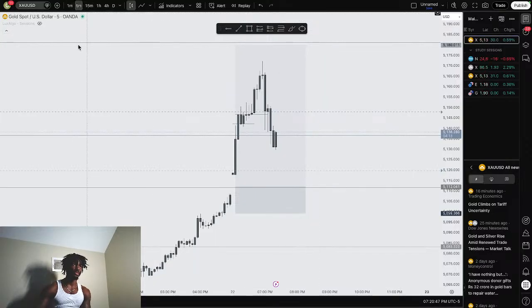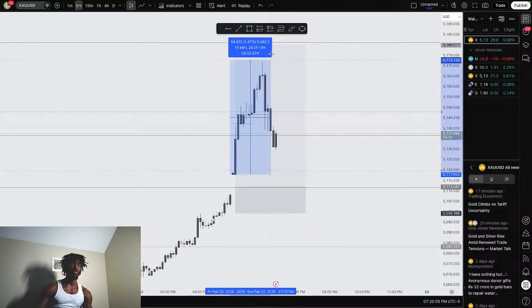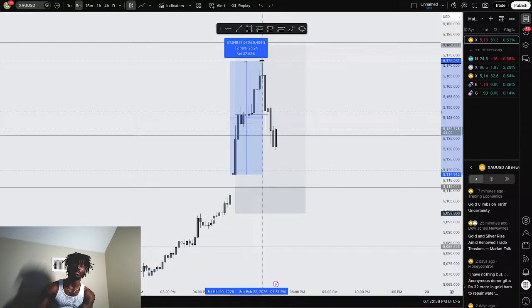Because with gold, this entire move right here was, once again, like every single session, gold moves over 500 pips. This was before the Asian session, the Tokyo session, this was the Sydney session. This was before 7 o'clock, but before this, price already moved 550 pips.